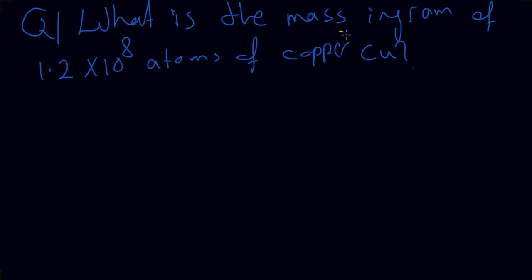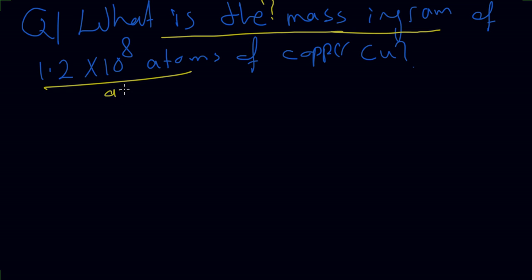Okay guys, if you look at this question, it is a little bit different. Why? Because the mass is unknown in gram, but the given is the number of atom. So there is no direct relationship between mass and atom. So first of all, for this type of question, you have to change these atoms to mole. First step, you will change number of atom to what?